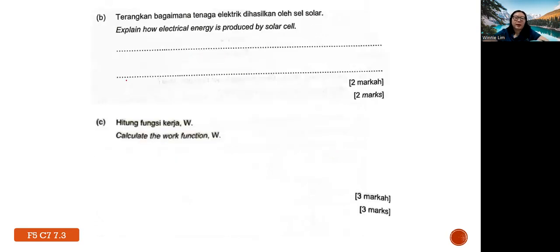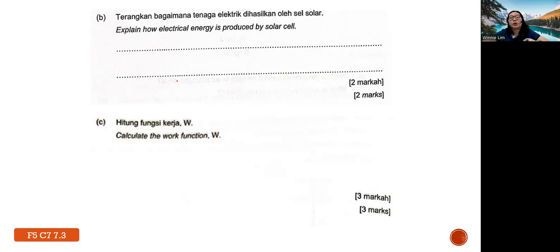Okay, then next one. Explain how electrical energy is produced by a solar cell. The working principle of a solar cell is based on the concept of the photoelectric effect. This means there will be light rays that strike the cell, and if the light frequency is higher than the threshold frequency, then electrons will be emitted out. Then what happens to the electrons that are emitted?